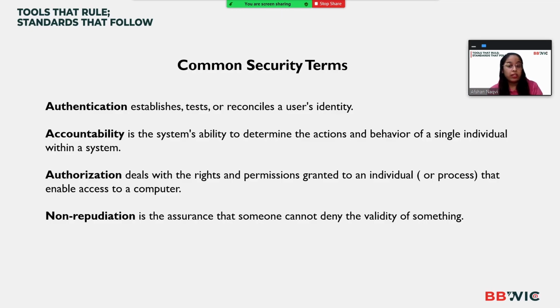Non-repudiation is an assurance that someone cannot deny the validity of something. It is a legal concept that is widely used in information security, and refers to a service which provides proof of the origin of data and the integrity of the data. For example, in an online transaction, digital signatures ensure that a party cannot later deny sending information or deny the authenticity of its signature, right? So this is about non-repudiation.